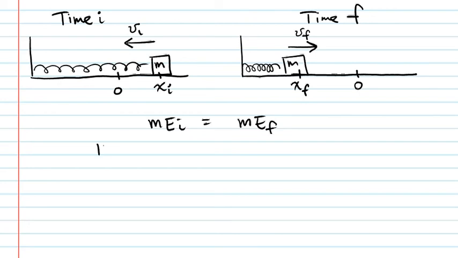So the mechanical energy is made from the kinetic and the spring potential energies. On the left-hand side, we'll have the initial values, add them together to get the total mechanical energy. And on the right-hand side, we'll have the final values added together to get the total mechanical energy.